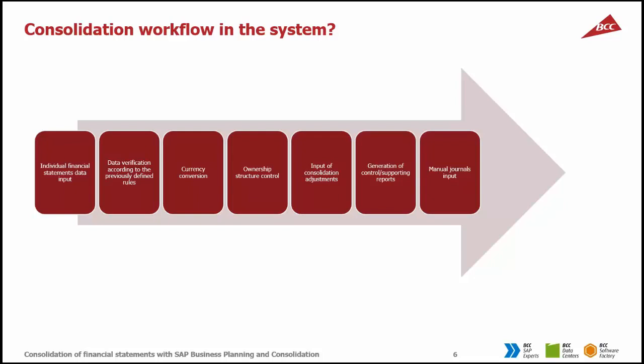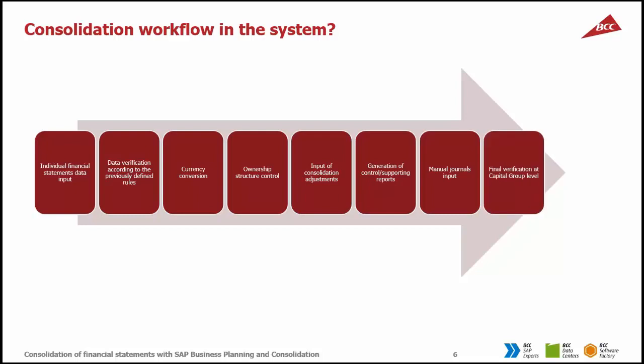This is very good because you can put this manual journal only in this system, so you don't have to make postings in your transactional systems when you have already closed your accounting periods.